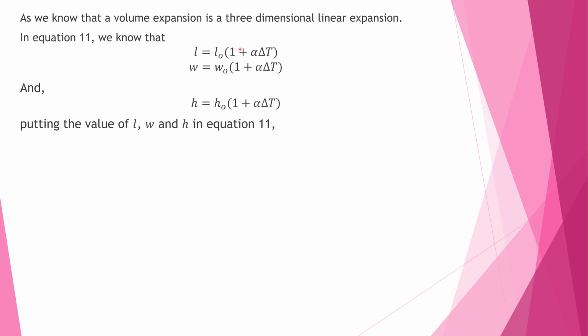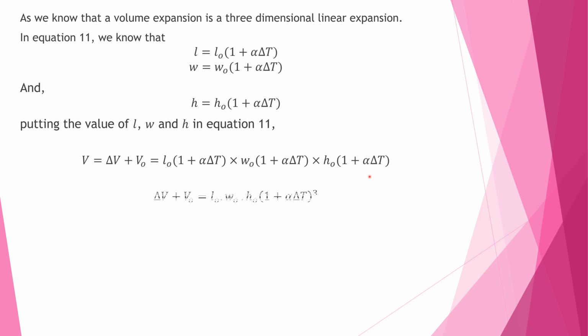Now what we do is put the values of L, W and H in equation number 11. Equation 11 becomes V is equal to delta V plus V naught is equal to L naught into 1 plus alpha delta T, into W naught into 1 plus alpha delta T, into H naught into 1 plus alpha delta T. Or we can say that delta V plus V naught is equal to L naught into W naught into H naught into 1 plus alpha delta T to the power 3.